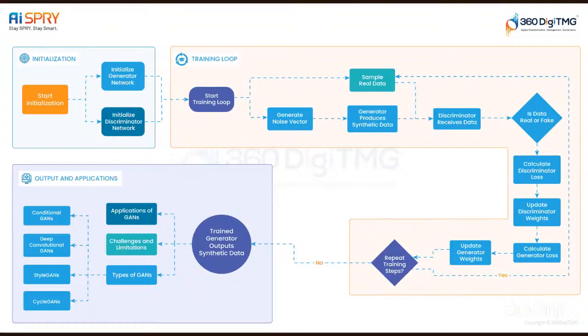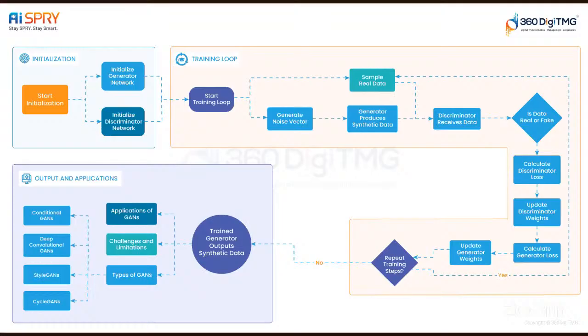And what are the types of GAN? There are multiple types of GAN, guys. There are conditional GANs, wherein we add some prompt or label to the training. Then there are deep convolutional GANs. Then there is StyleGAN, most famous for generating high resolution human faces.